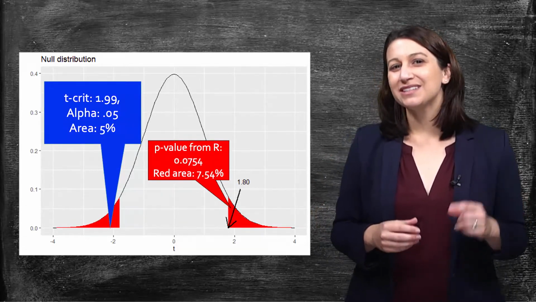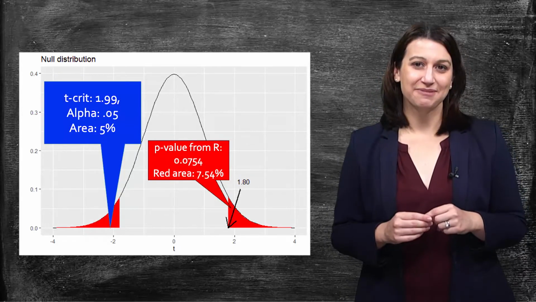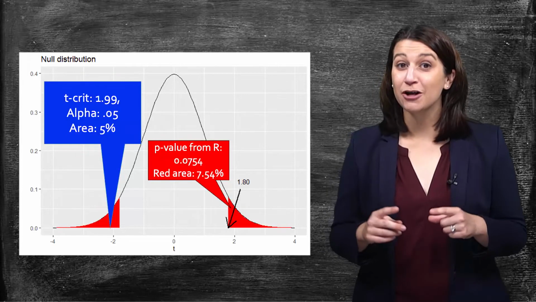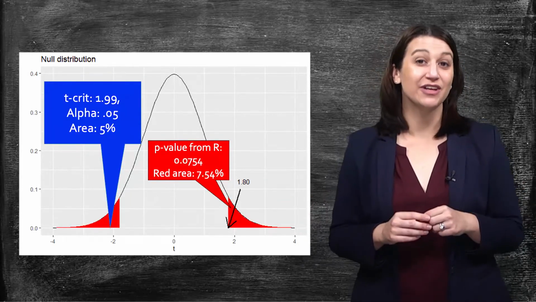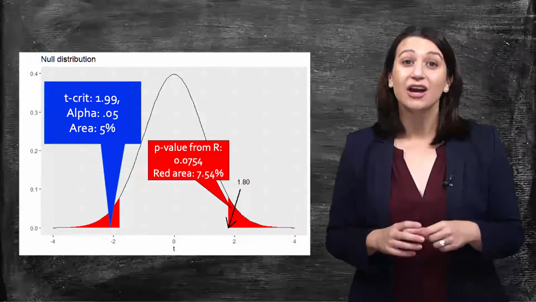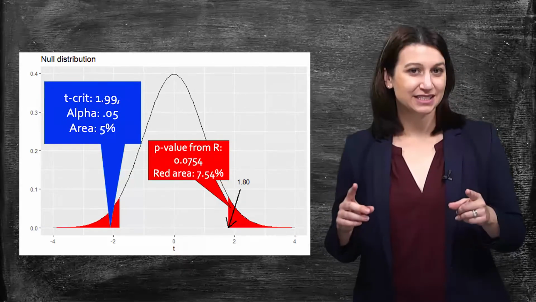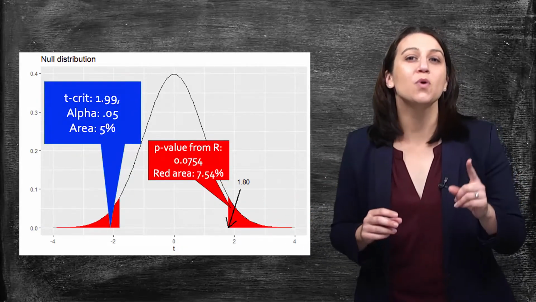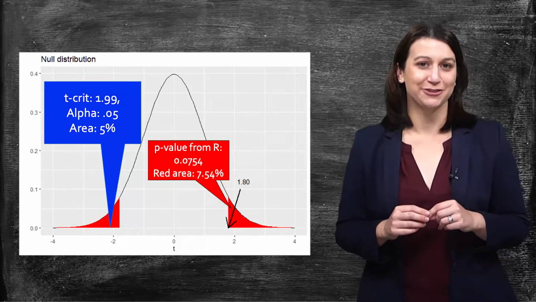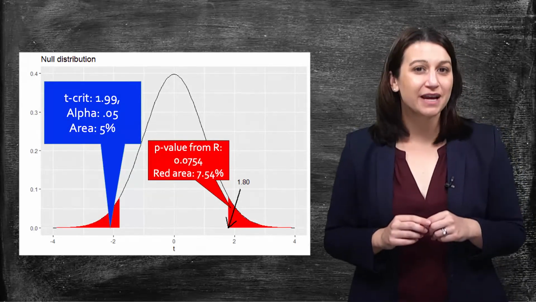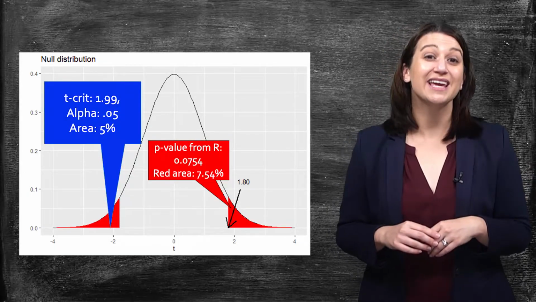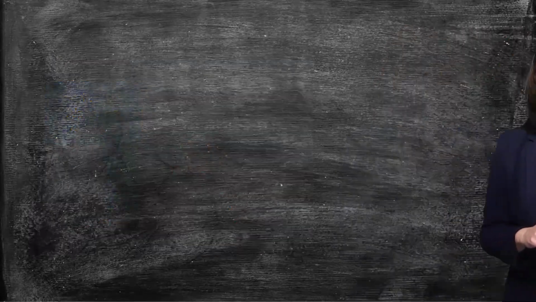It's the area we set as our rejection region. So, if our t-statistic does not fall beyond the t-critical in the tail, then when we shade from our t-statistic out towards the tails, we will shade more than 5% of the distribution. Notice the red area of our p-value is bigger than the blue area was in our rejection region.